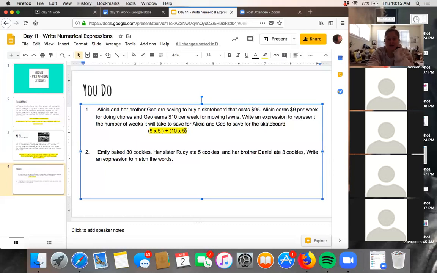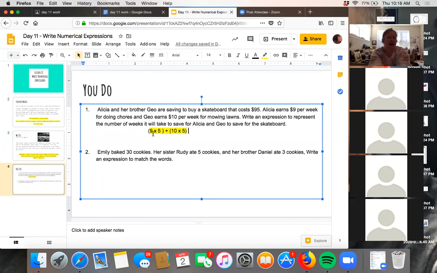Okay. Question for you. Where did the 5s come from? I found out what 9 times 5 was, and then I found out what 10 times 5 was, and I added those, and that gave me 95 total. Okay. So it gets you the right answer, but was the number 5 in the word problem anywhere?